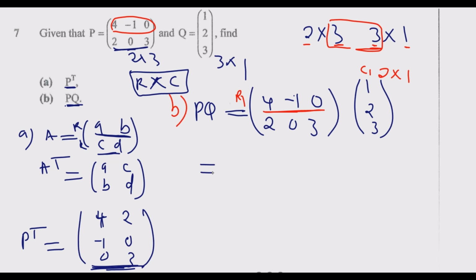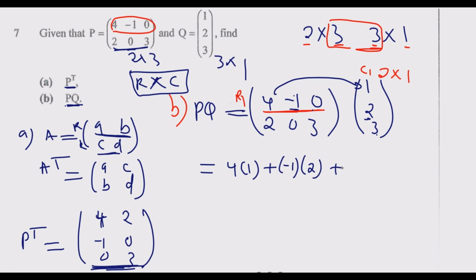So it will be 4 multiplied by 1, then plus -1 multiplied by 2, then plus 0 multiplied by 3.